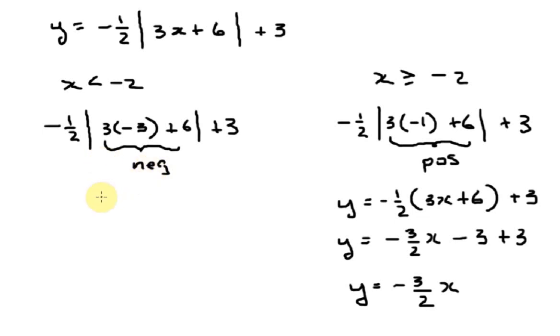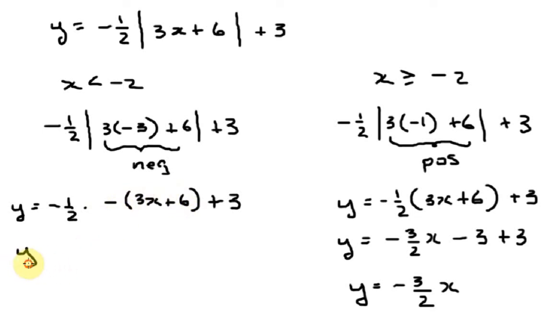That's what the absolute value symbols do. So what we're going to do is ignore for the moment the -1/2 times, and we want to turn this 3x plus 6 positive. And right now it is negative. So we do that by putting a negative sign out in front of that, because the negative turns positive. So that's turning this business here positive.